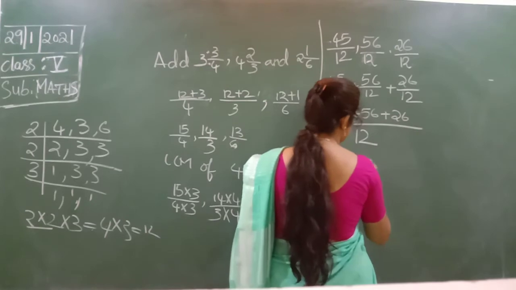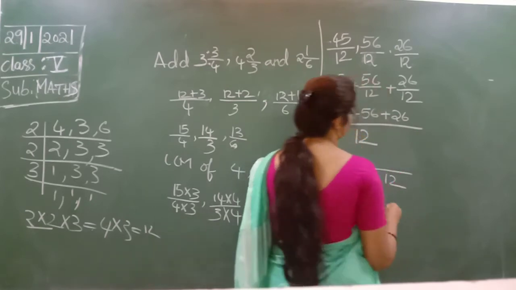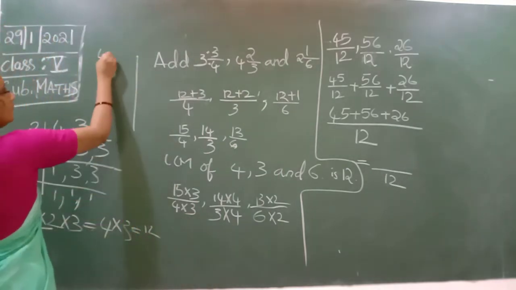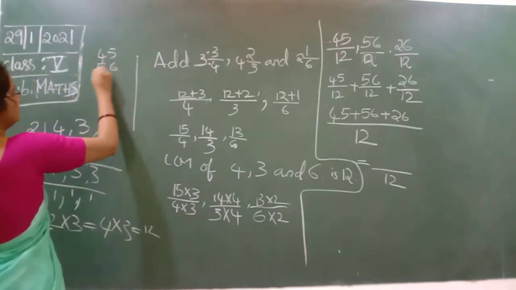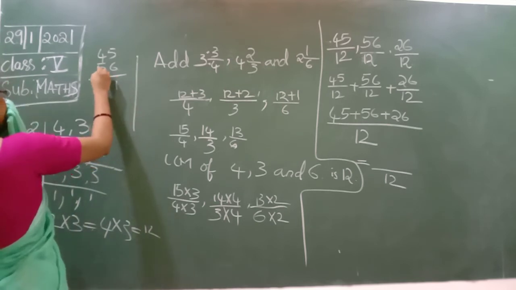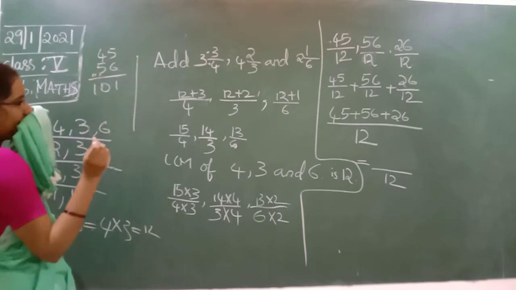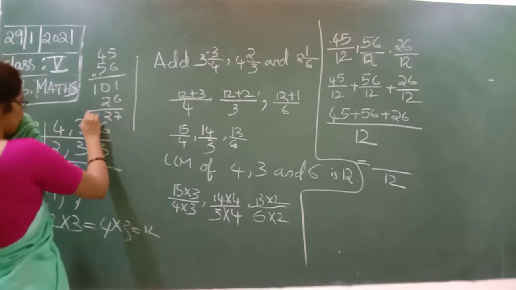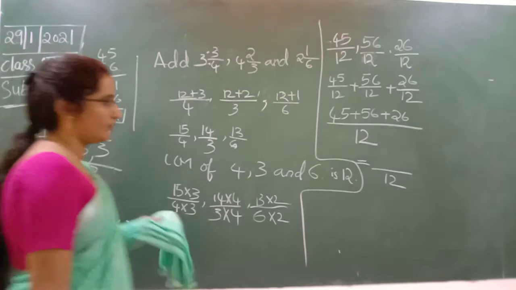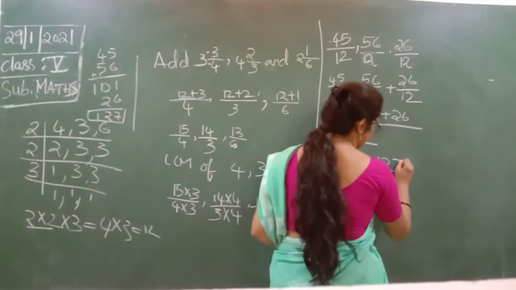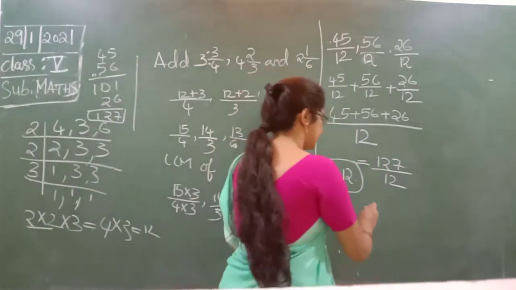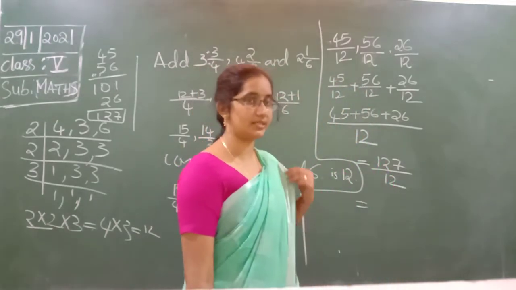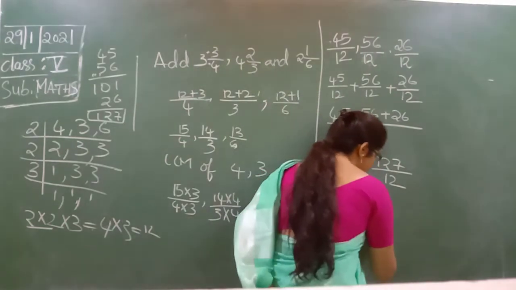Then what is the answer? 45 plus 56, carry 1, then plus 26. 127 is the answer. 12 tens are 120, 120 plus 7 is 127.